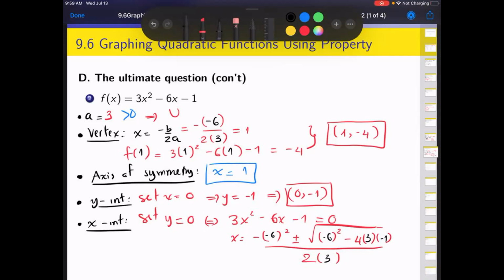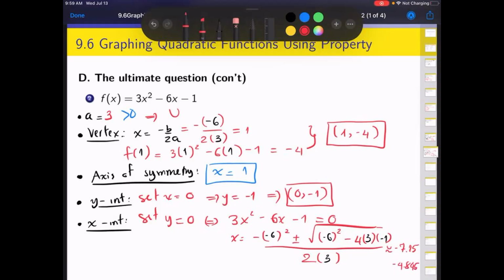Okay, I got negative 7.15, and then the positive case, divided by 6, negative 4.845.